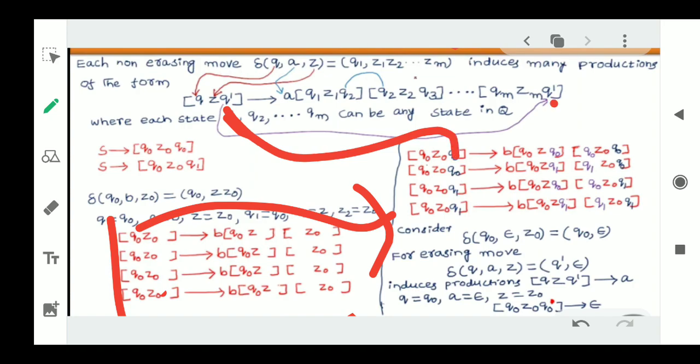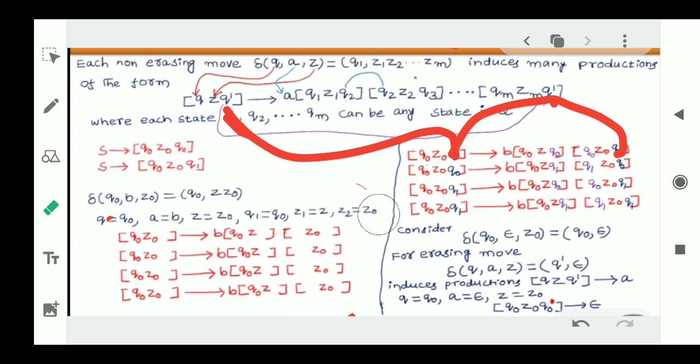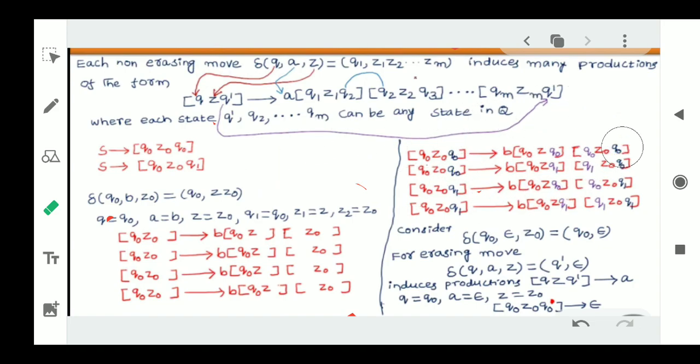In the last place also I have Q dash. So please copy the same thing in the last place also. If you keep Q0 here, copy the same value in the last place too. Why? Because here it is Q dash, here also it is Q dash. So that's why we are copying the same thing.